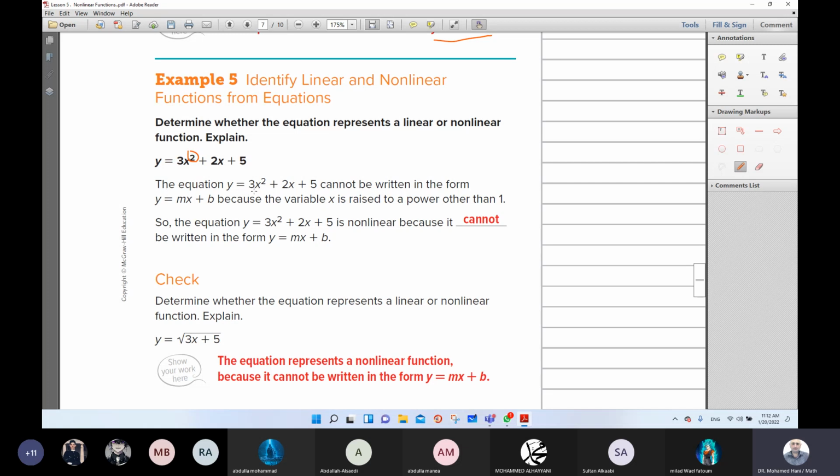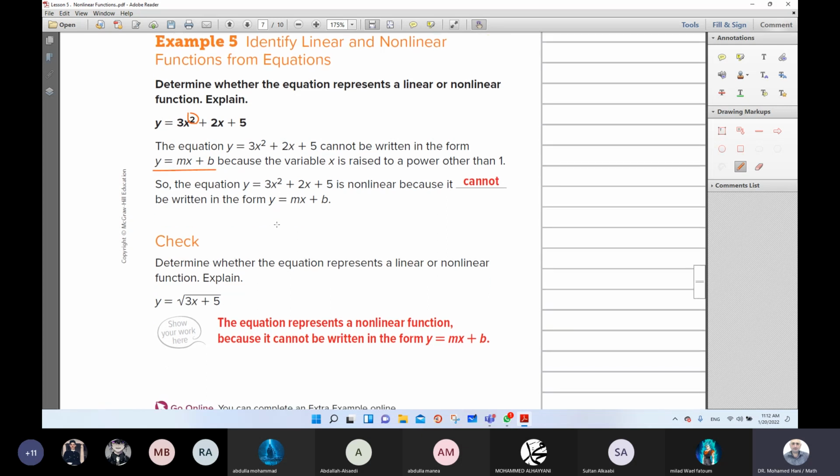So the equation y equal 3x squared plus 2x plus 5 cannot be written in the form y equal mx plus b, because the variable x is raised to a power other than 1. So the equation y equal 3x squared plus 2x plus 5 is nonlinear because it cannot be written in the form y equal mx plus b.